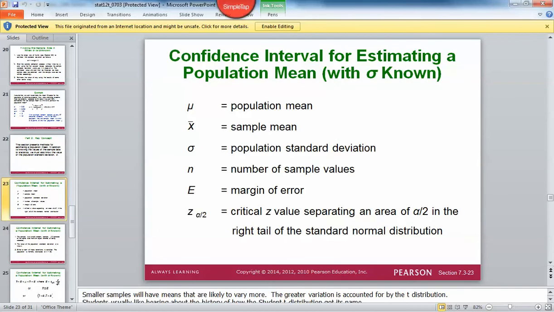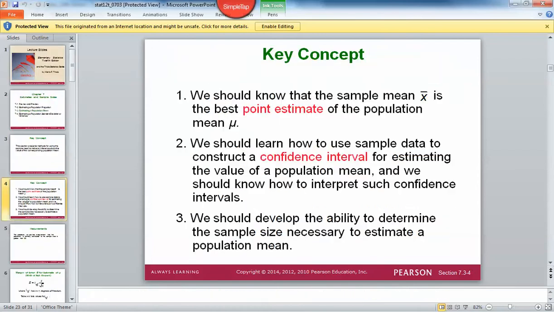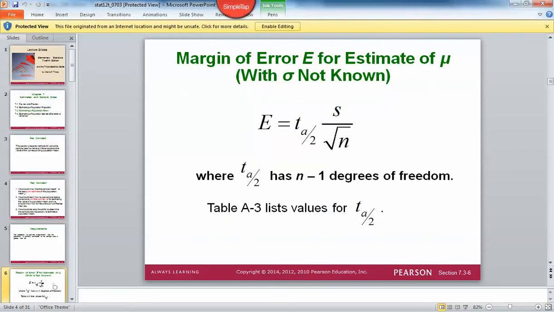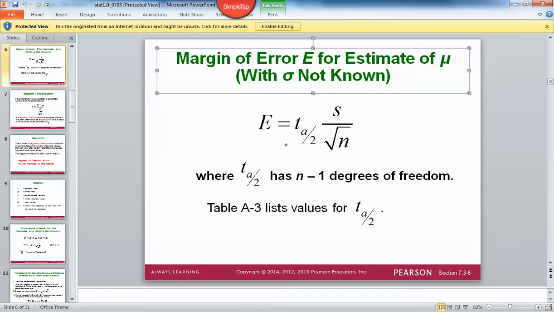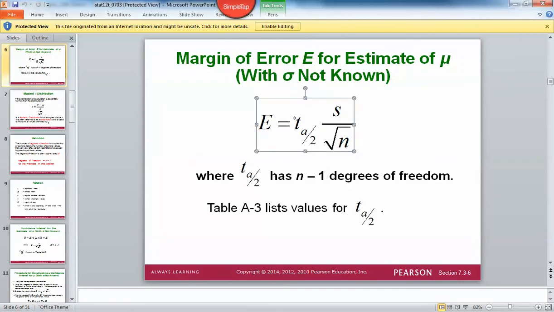Now, the difference in what we're doing in the second half of this section from what we were doing at the first half of this section. In the first half, population standard deviation is not known. So when that is not known, then that's when we have to do a t-distribution.